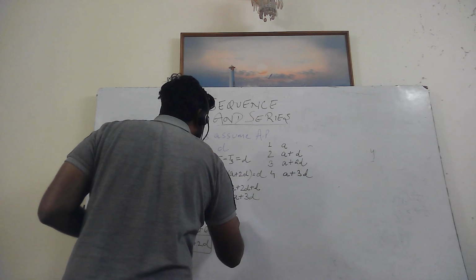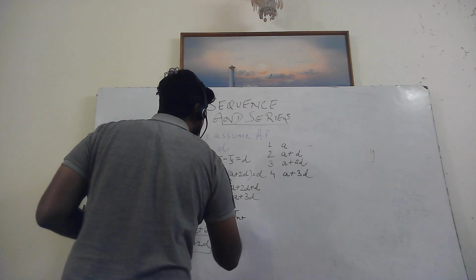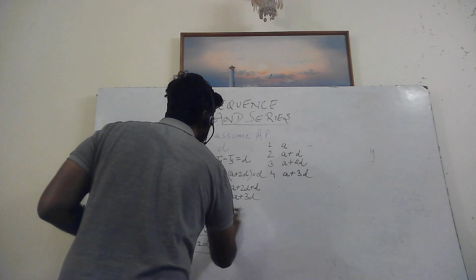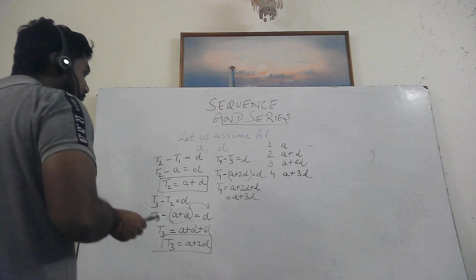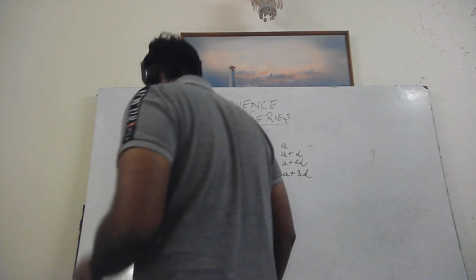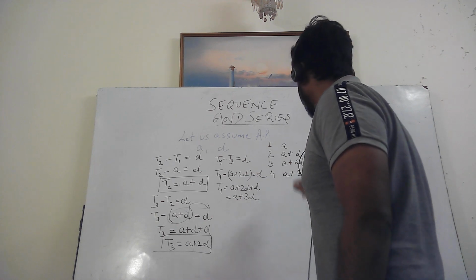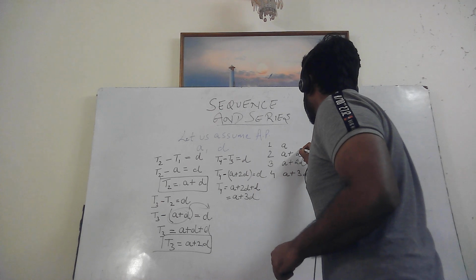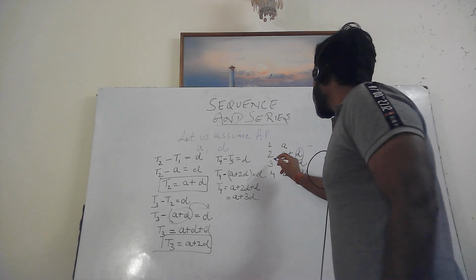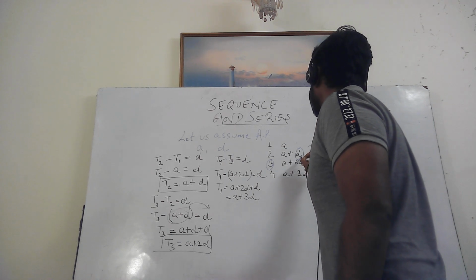We know that Tn minus, okay, first of all, let's generalize it, then we'll talk about the nth term. So what we are noticing here is that in the first term we are getting A, in the second term we are adding D to it. In the third term we are adding D, but how many times? 2 times.